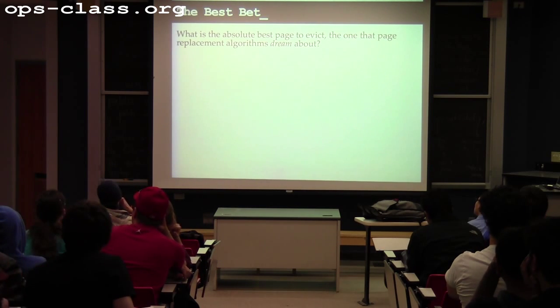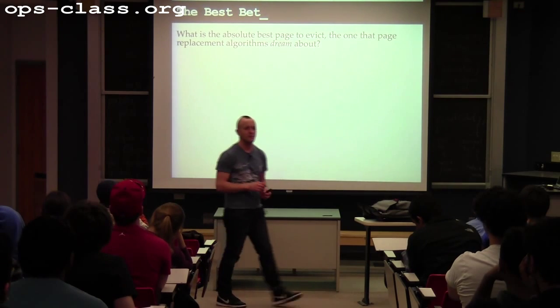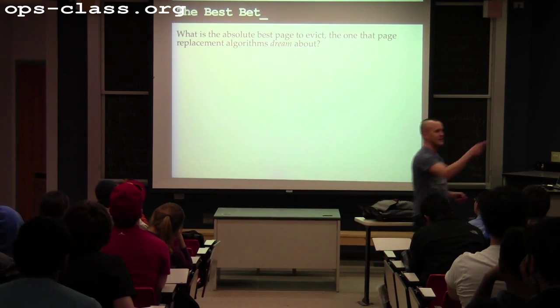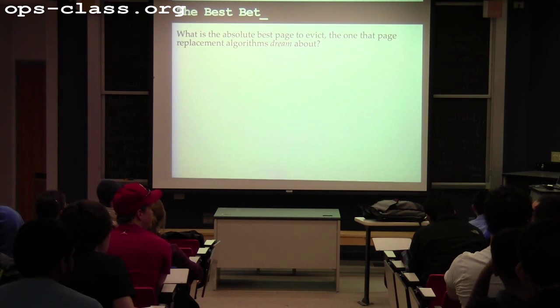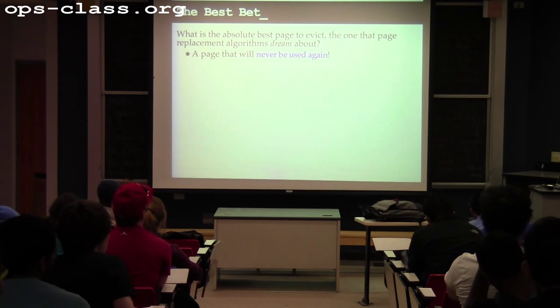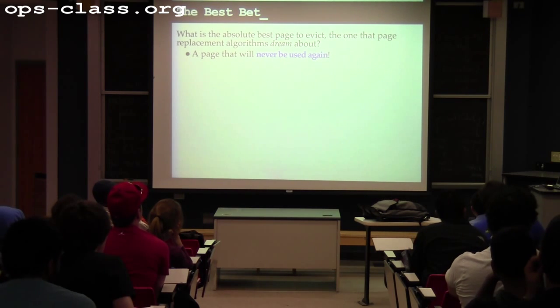So what's the absolute best page to pick? We talked about this a little bit on Friday. There are pages like this. If I can find a page that the application has totally forgotten about, that will never be used again, then that page is a great candidate for moving to disk.